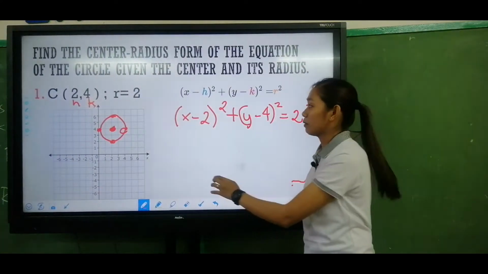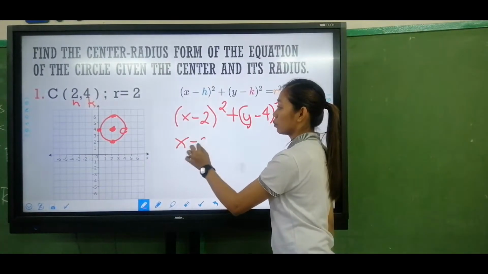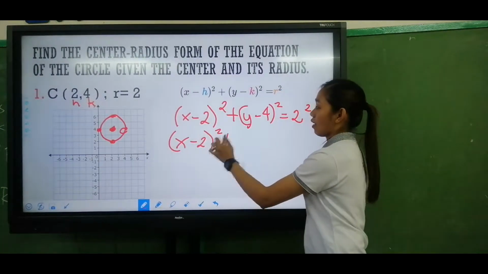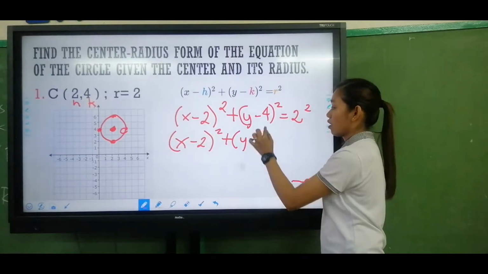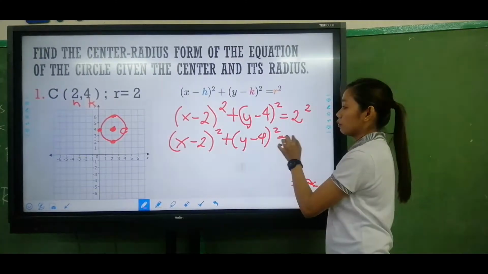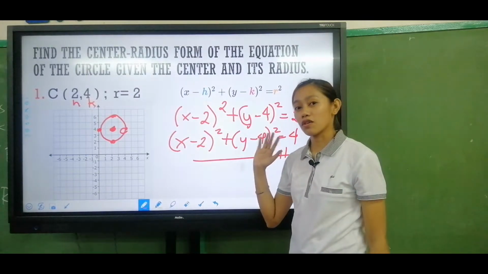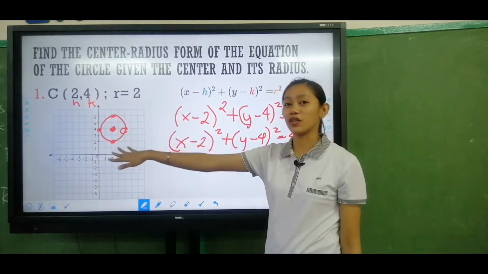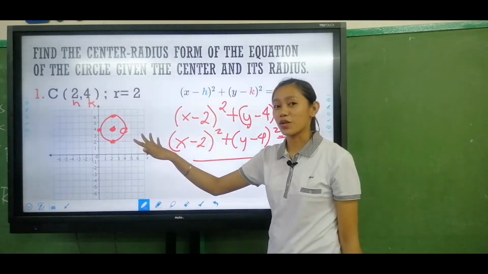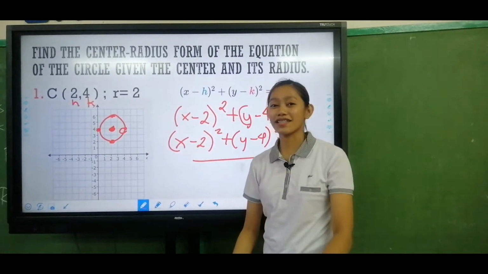Let us simplify it. So (x - 2)² + (y - 4)² = 4. This is now the center-radius form of the equation of the circle given the center (2, 4) and r equals 2.